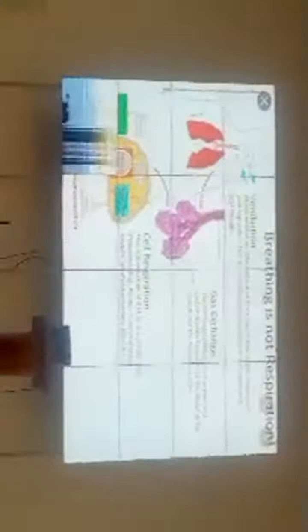Then we want you to know that this pressure is very, very important because it allows the lungs to open. If the intrapleural pressure was positive, the lungs would not open up. It will be very difficult for the lungs to open.